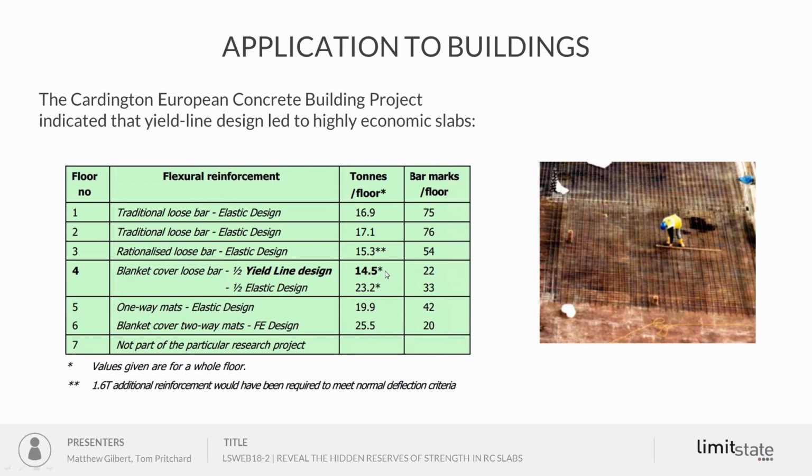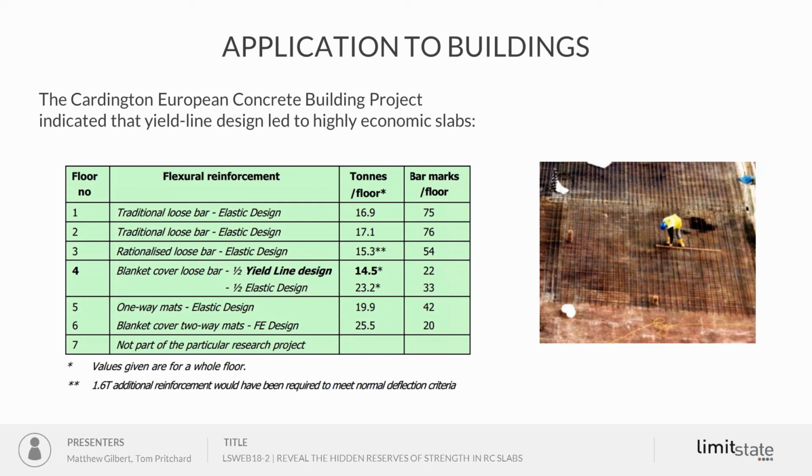So in terms of the weight of steel required for each floor, that was lower than that identified with other methods, and also able to identify simple patterns of reinforcement.